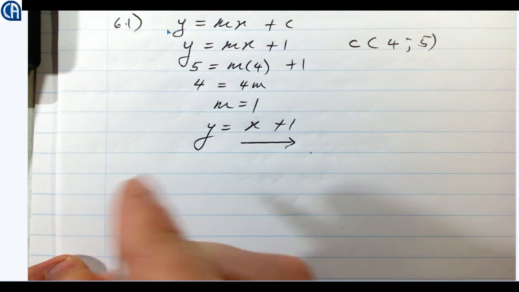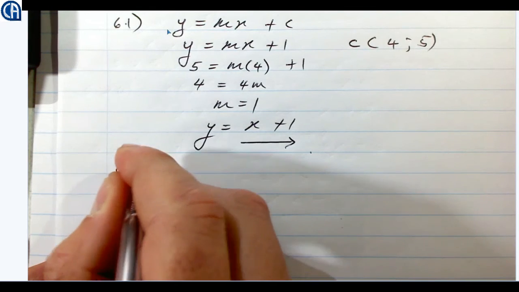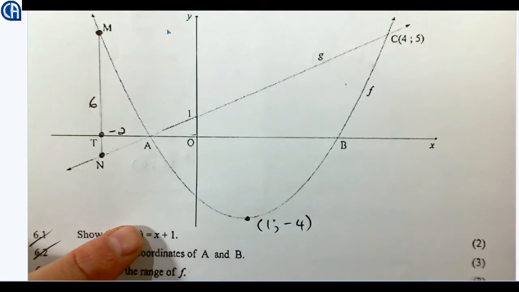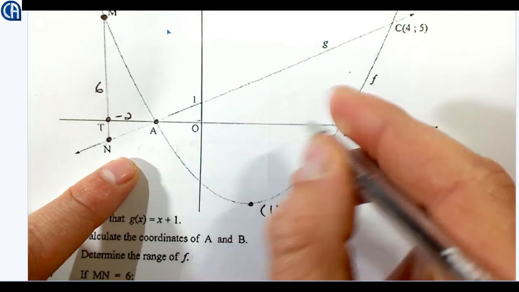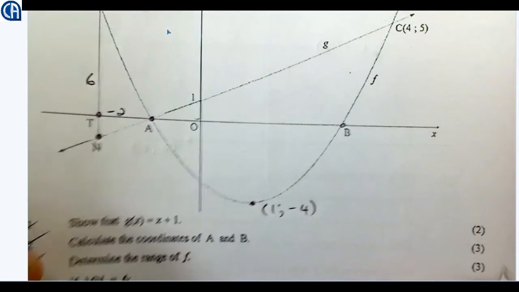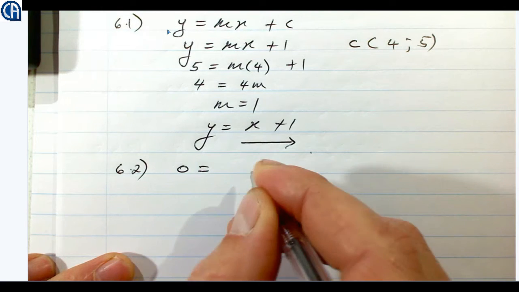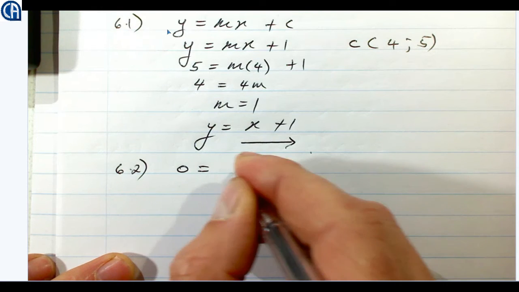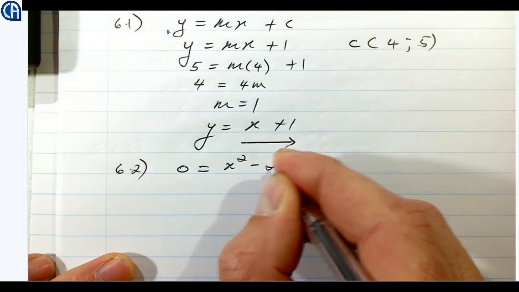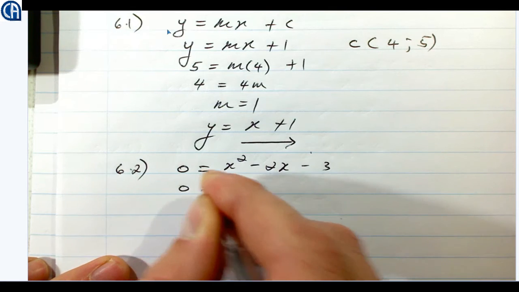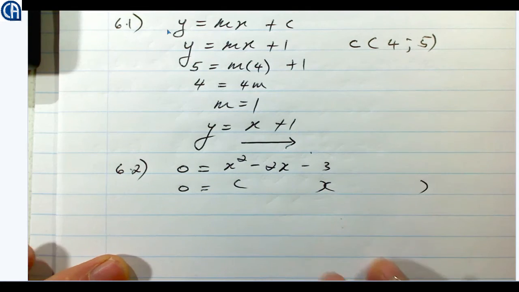Alright, 6.2, calculate the coordinates of A and B. If you look at A and B, those are the x-intercepts of the parabola. In order to work out the x-intercepts, we make y equal to 0. So 0 equals x squared minus 2x minus 3. It's a normal trinomial. Let's factorize that.